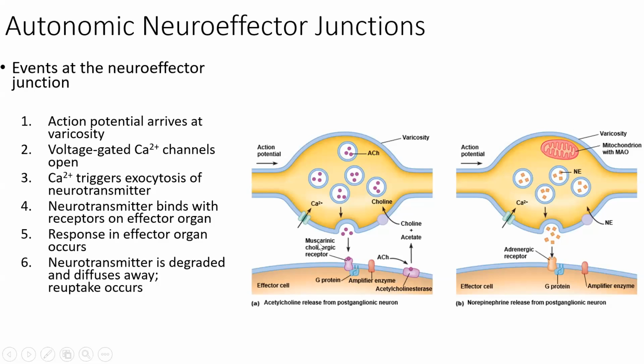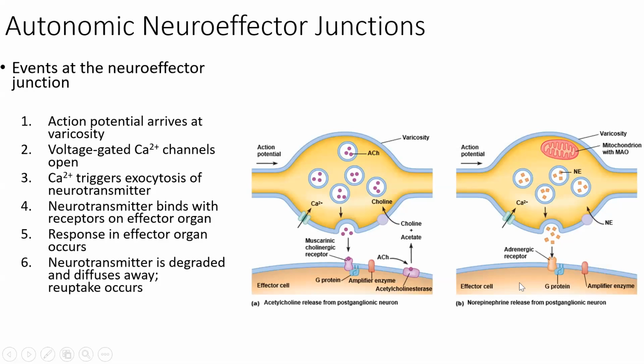Our receptor is a muscarinic cholinergic receptor. If we're in the sympathetic side, this is what our junction would look like. Our neurotransmitter is norepinephrine, and our receptor is one of the many adrenergic receptors, so alphas or betas, okay? And then this brings about some type of cellular response on the tissue in question, depending on exactly where that tissue is.